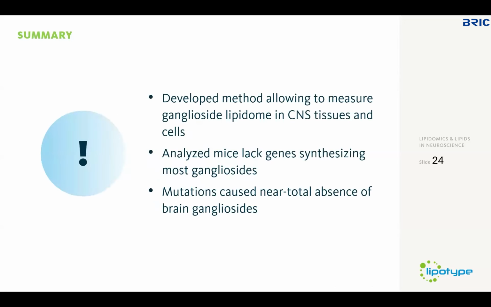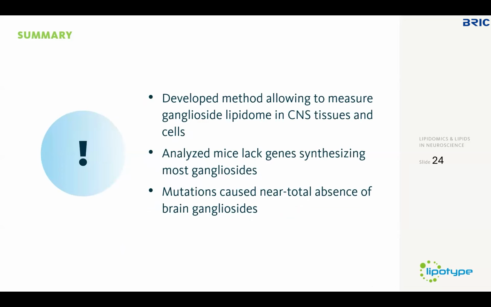We did develop a method allowing us to measure the ganglioside lipidome in CNS tissues and cells. We also analyzed, I didn't really have a chance to show it, the mouse Lag genes, the genes synthesizing most gangliosides. And we also saw that the mutation caused near total absence of brain gangliosides.